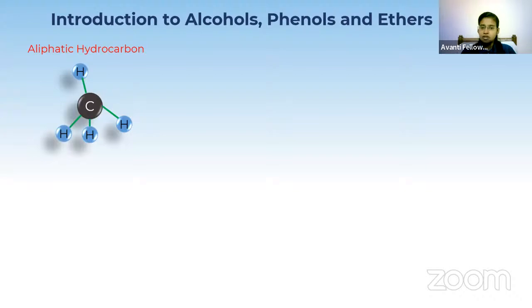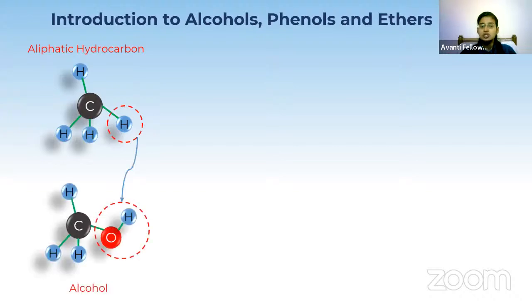It has 4 hydrogens, formula CH4. If one of the hydrogens is replaced by an OH group, the resultant compound is called an alcohol. So something with an alkyl group attached to OH is called an alcohol. Got it?